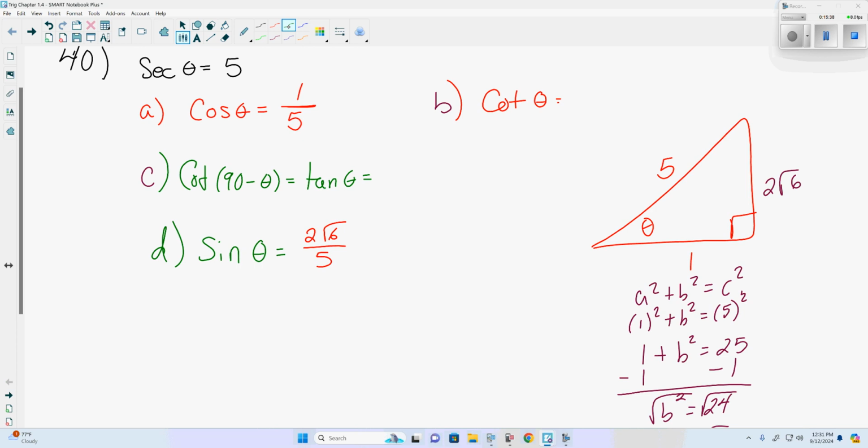All right, guys. So I do need to change that because I had those flipped. Because cotangent of 90 minus theta is equal to tangent. Tangent is the opposite side over the, so it'd be 2 square root of 6 over, which is, cotangent is adjacent over the opposite.